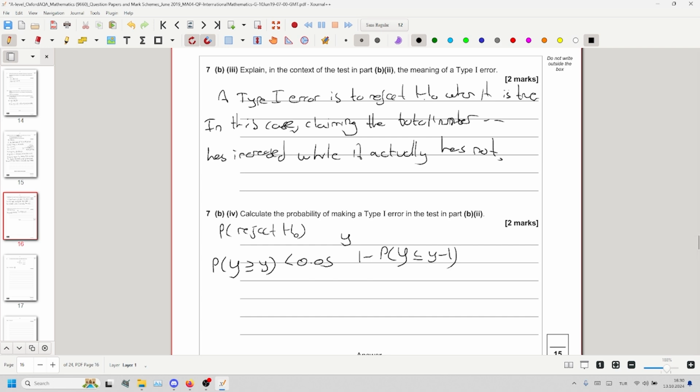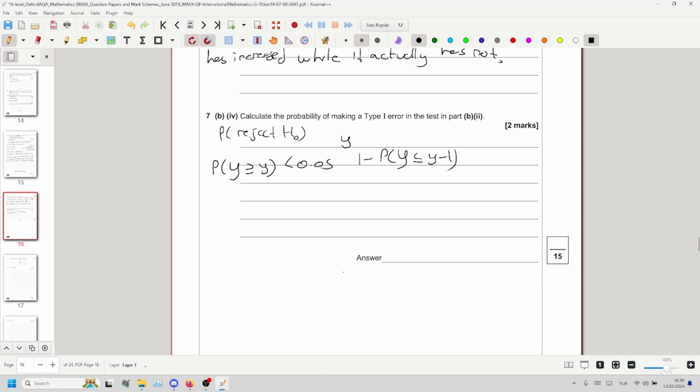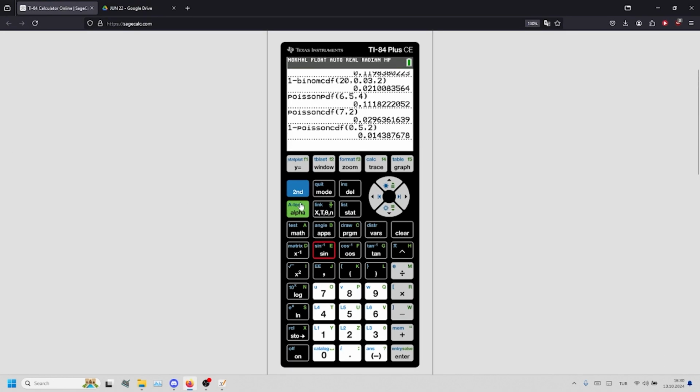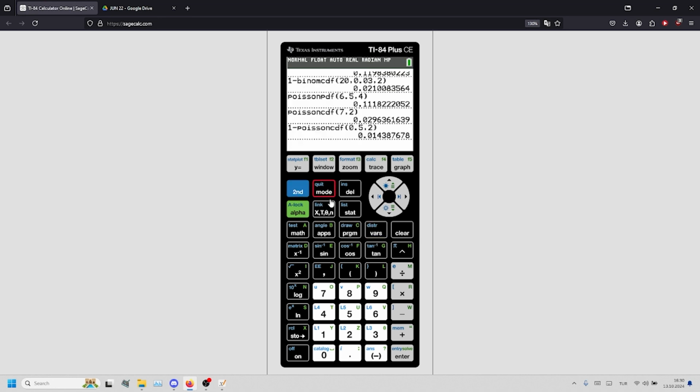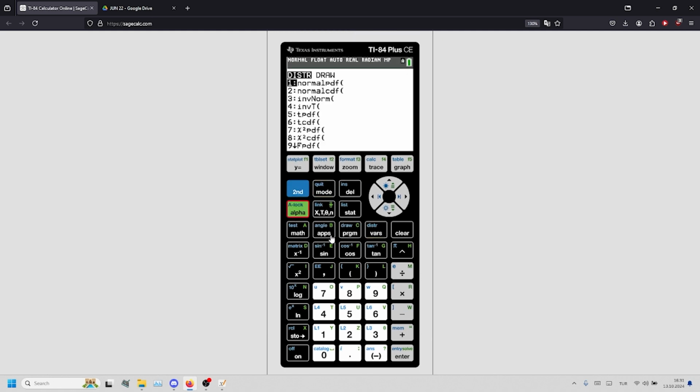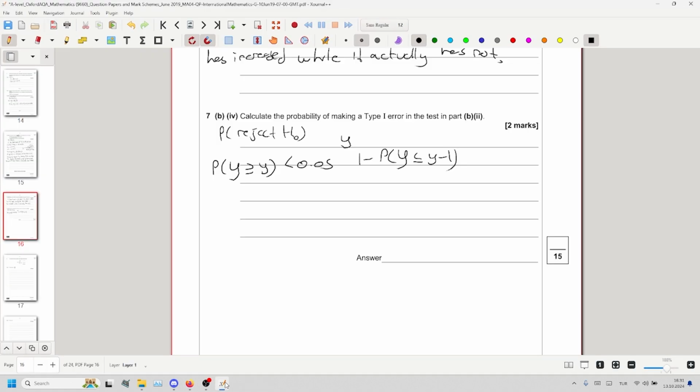So let's calculate a couple of values for that. Let's test 3. Oh, actually, we have to do 1 minus the Poisson CDF, again with mean 0.5.